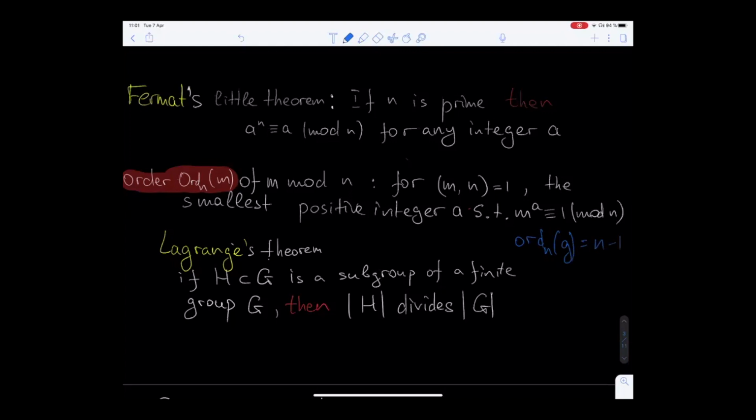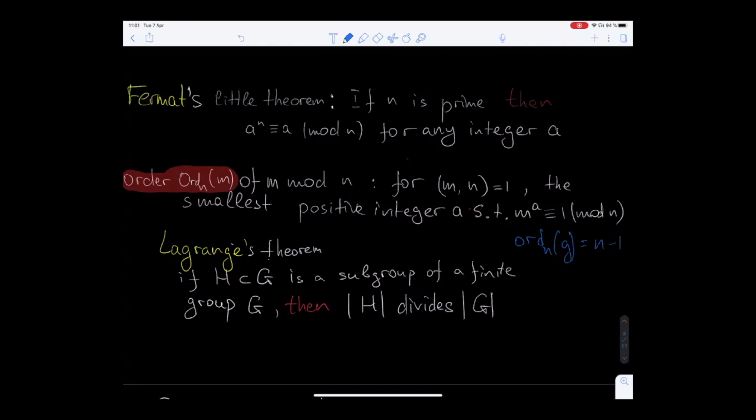Okay, and then we have Lagrange's theorem, which I also mentioned: if you have a finite group G and its subgroup, then the size of the subgroup must divide the size of the group.